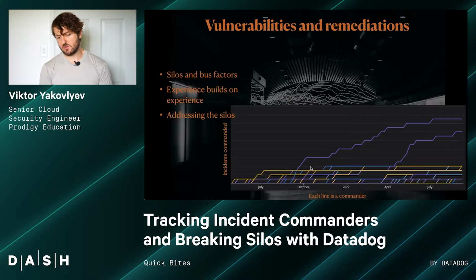We can see that once some of these commanders start responding or commanding, they will continue to command incidents. They will do it more and more often because they become confident and they know they're effective and they can continue to do it. Other people leave it in their hands because if they see a severity 1 or 2 incident, they know that those are the people that will get back to green fastest.